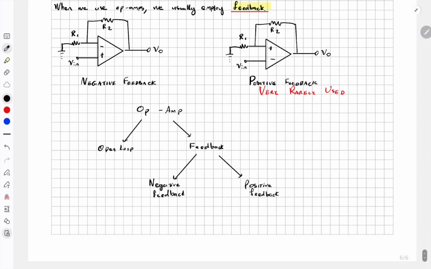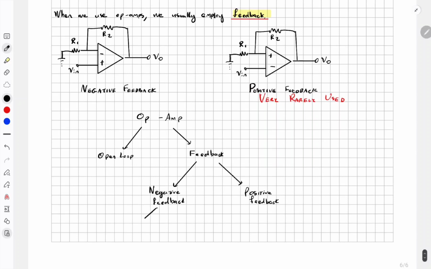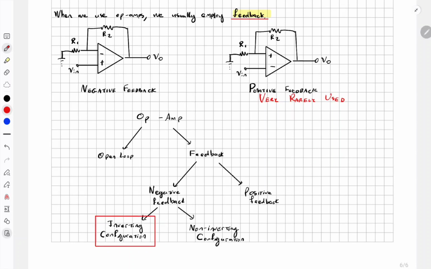And even within negative feedback, there are two more configurations that we learned about. The first is called inverting configuration, and the other is called non-inverting configuration. But today we will study inverting configuration. Later we'll talk about non-inverting.